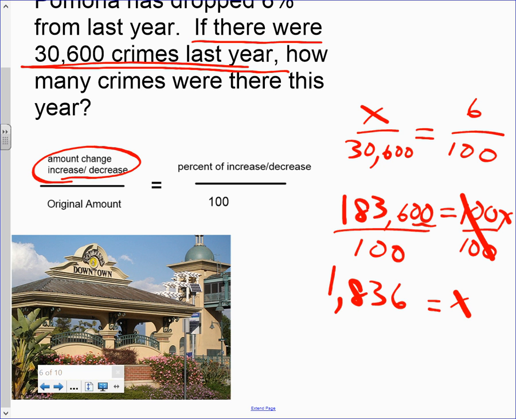Have I answered the question? No? Why? Solve for X. No, I haven't answered the question, though. What's the question? Right. Is there 1,836 crimes this year? Well, how do you know?